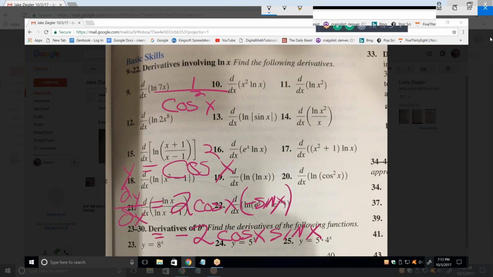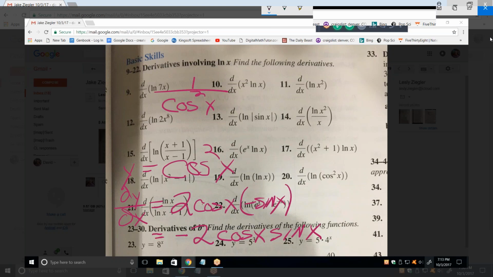And I could simplify that if I wanted to. That happens to be the negative sine of 2x, using the double angle identity: the sine of 2x is 2 sine of x cosine of x.